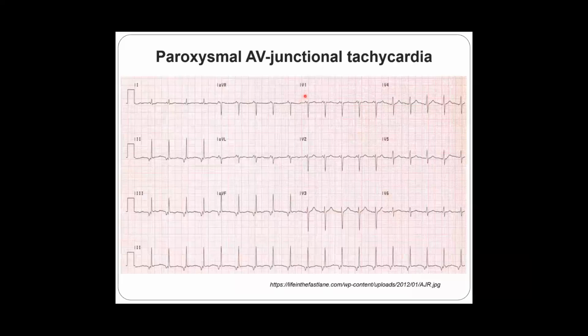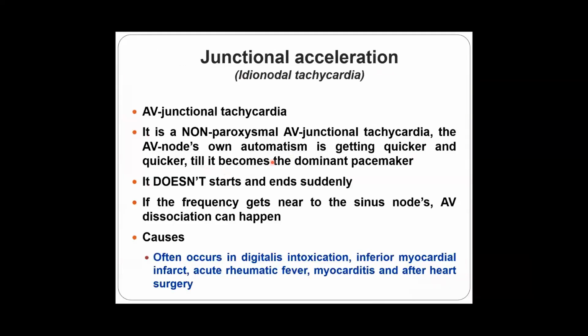Okay, good. This is the junctional tachycardia, as you see, very nicely. In front of the QRSs, we do have negative P waves. Okay, junctional acceleration. Now, junctional acceleration is non-paroxysmal. It can be a sustained one and is still falling in a normal rate, meaning between 60 and 100.